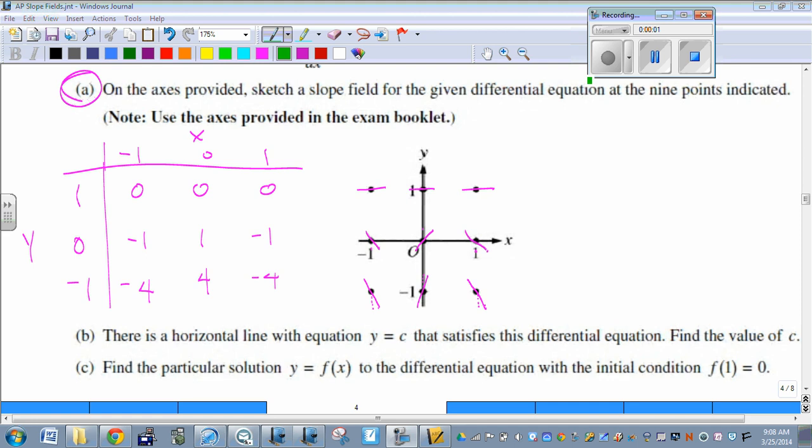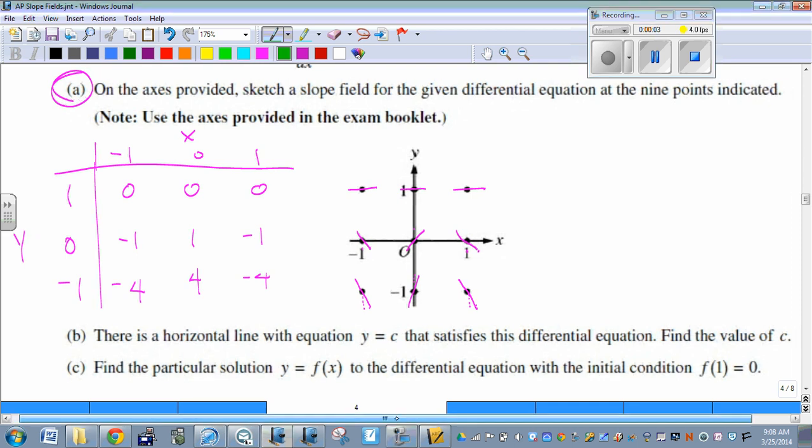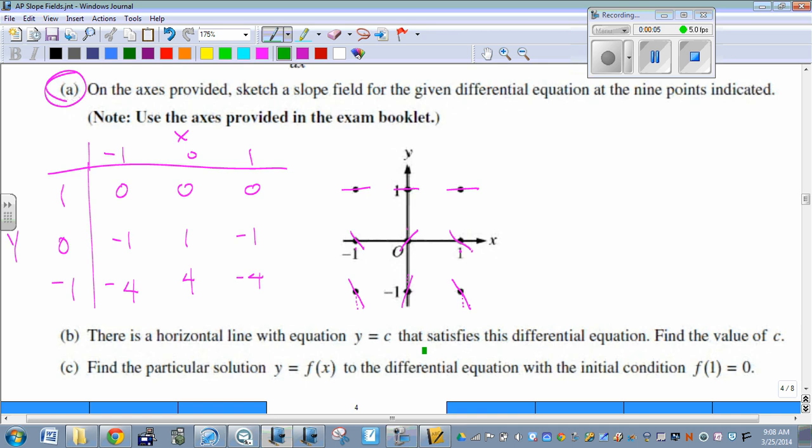Right, for part B, it says there's a horizontal line with the equation y equals c that satisfies this differential equation. Find the value of c. So, if you look at the slope field, where do you see a horizontal line? 1, right?